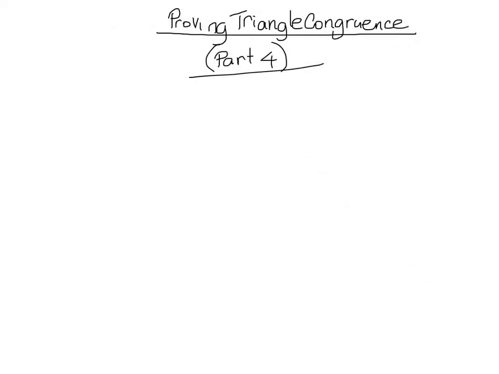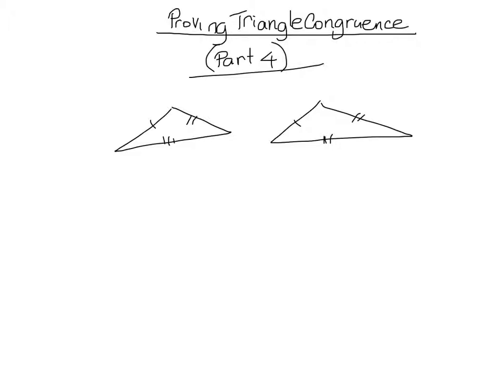So in a previous video, we spoke about the fact that in order for two triangles to be congruent, we have to have congruent sides. So all sides of the triangle would have to be congruent to all sides of the other triangle, and congruent angles. All right, we also spoke about the fact that you don't have to check every single side and every single angle for congruence.